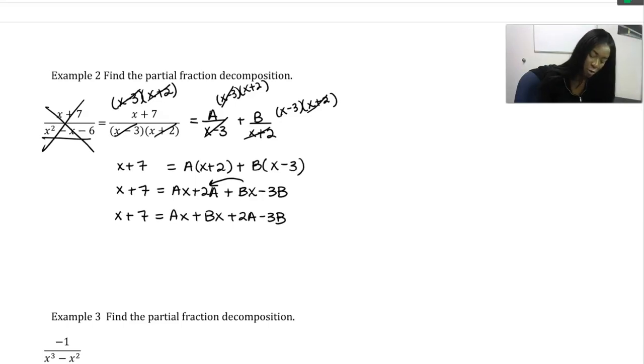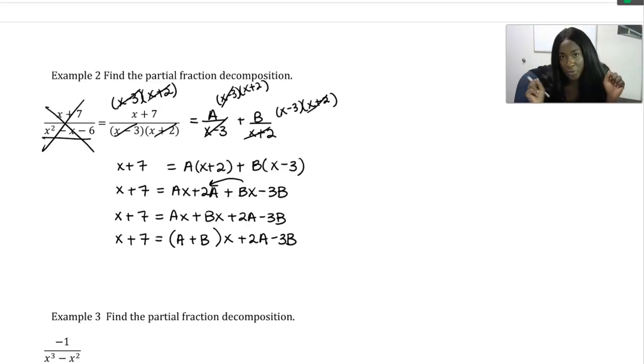I do that because once the x terms are together, it's easier to see what you're left with when you pull that x out, which in this case is simply a plus b. You don't do anything with those constant terms. Just leave the terms that don't have an x together at the end.